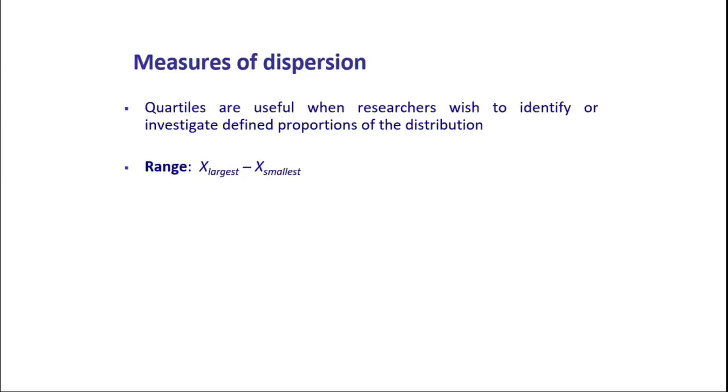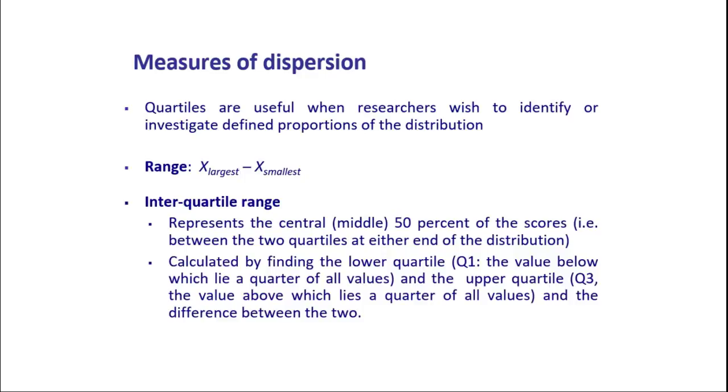When we look at measures of dispersion, so this is variation, quartiles are useful when researchers wish to identify or investigate defined proportions of the distribution. Now, the range is a very easy measure of dispersion. The range is the biggest value minus the smallest value. The range is associated with the mode of the data. When you have a measure of dispersion, you have a measure of average that goes side by side with it.